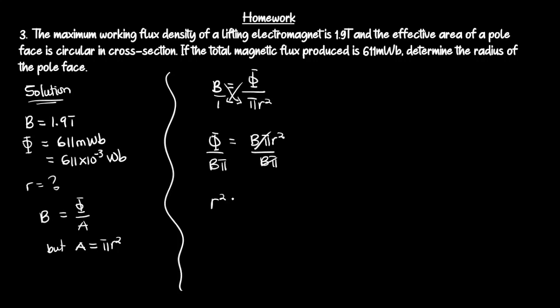So my radius squared will be equal to phi over B pi, or pi B. Now I want my radius, not the square of it, so I introduce the root sign to both sides. So this will cancel this, and therefore my radius is equal to the root of phi over pi B.